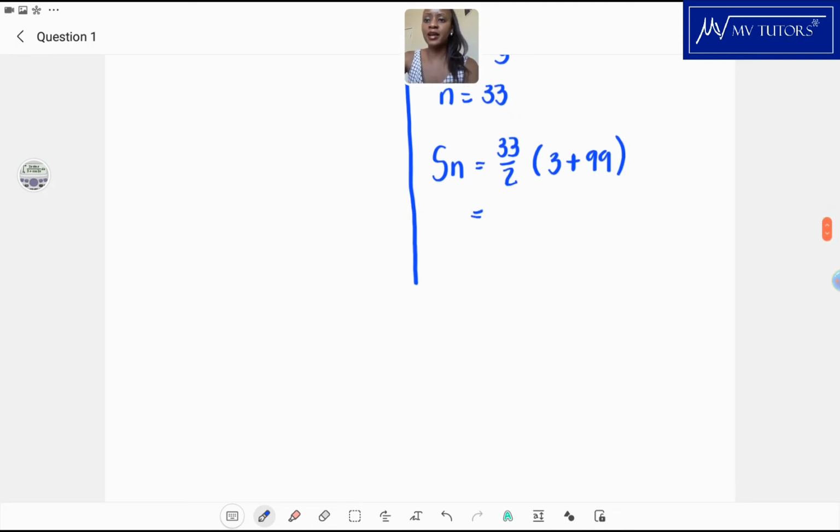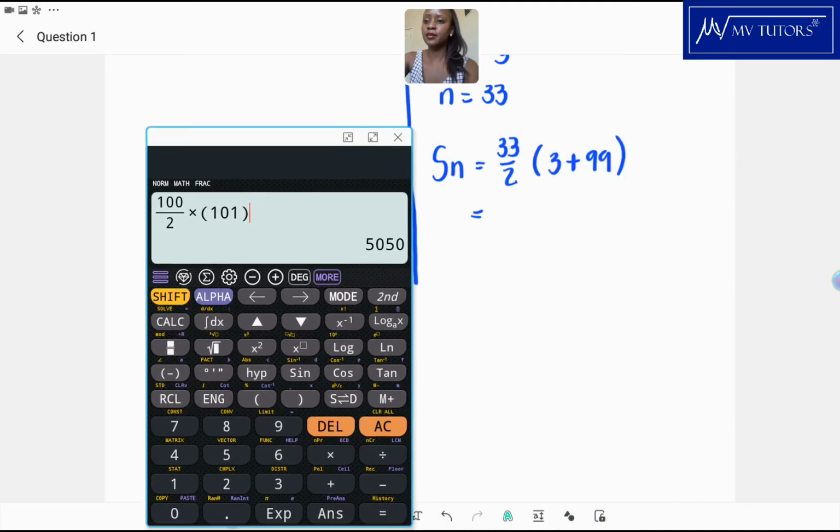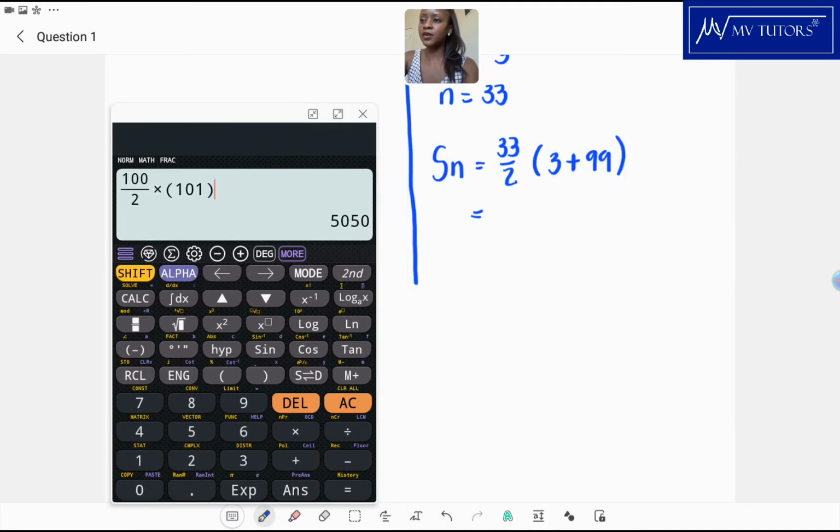And then let's work it out. Here's the calculator. I have 33 over 2, and I have 3 plus 99, which is 102. I'm not risking it. Okay, so I have 1683.